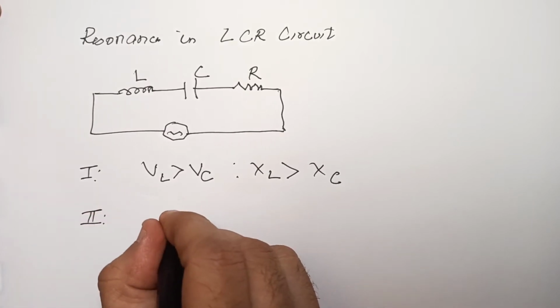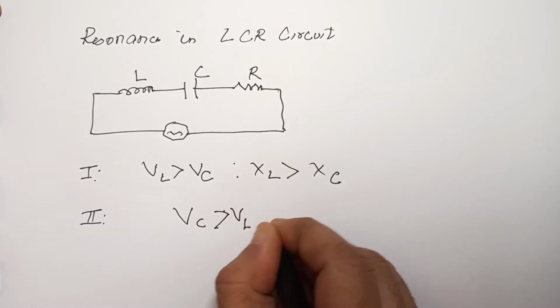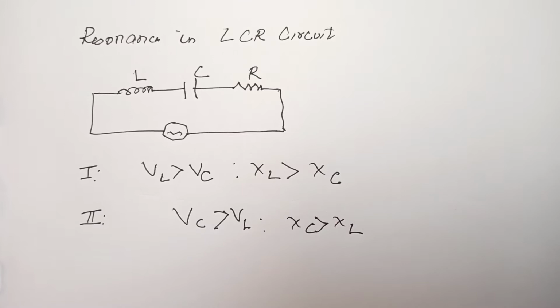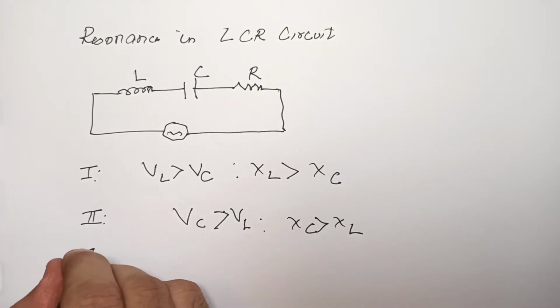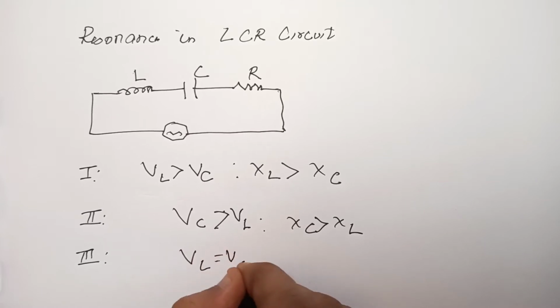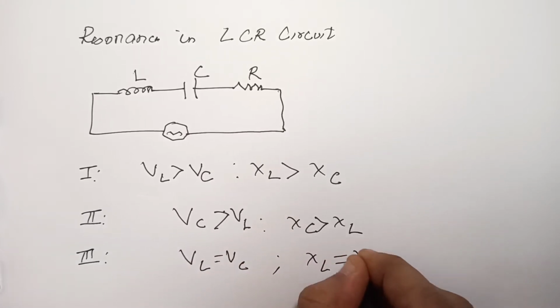Second case, VC is greater than VL and XC is greater than XL. And third case, VL is equal to VC and XL is equal to XC.